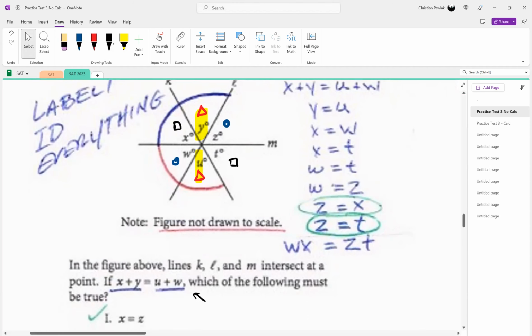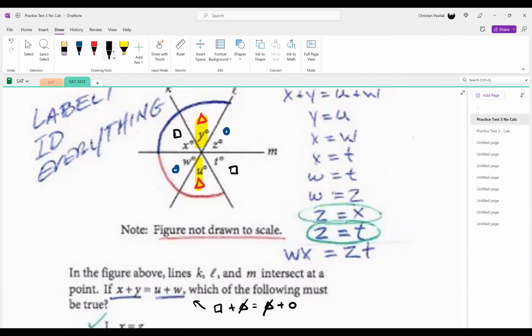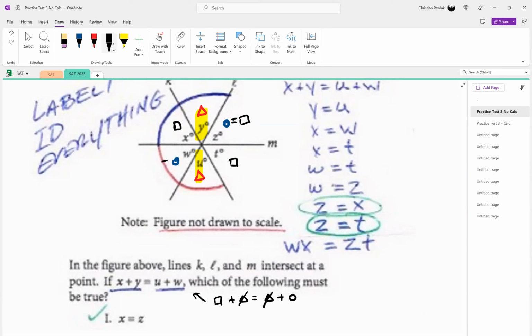So x plus y, if I write that out, square plus y, which is triangle, is equal to u plus w, triangle plus w is a circle. What I can see is, oh, I have triangle on both sides, so I can cancel that out. And squares and circles are the same, so this is actually equal to a square, and so is this.